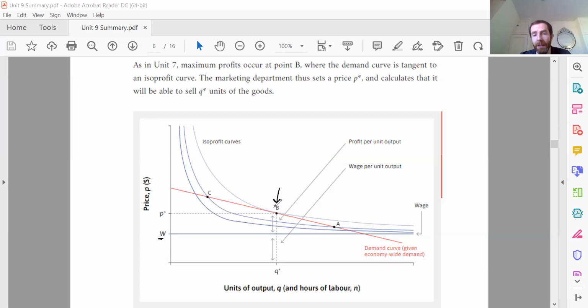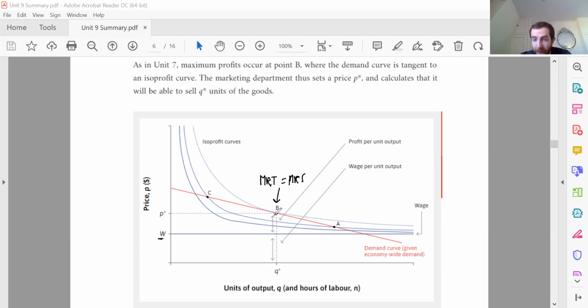At point B, we know that the slope of the demand curve, which is the marginal rate of transformation, the ability to change prices into quantity or quantity into price, is going to be equal to the marginal rate of substitution, which is the slope of our ISO profit curve.